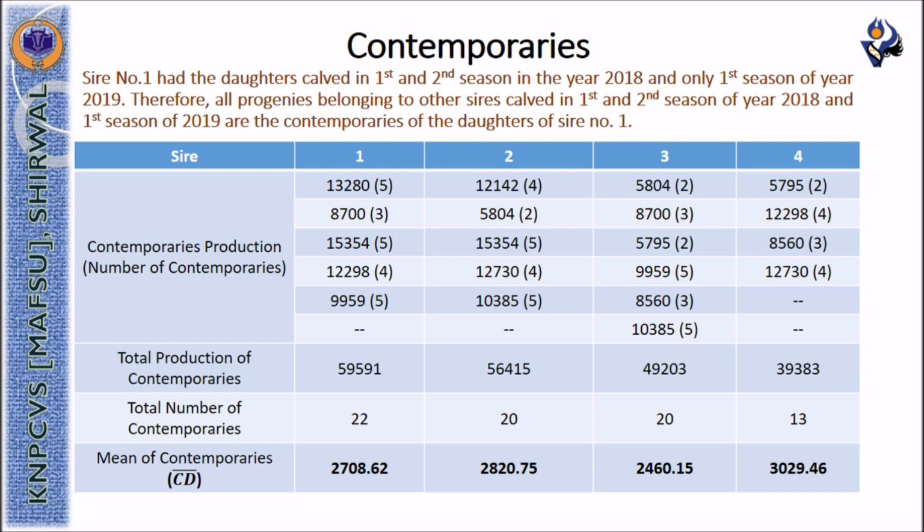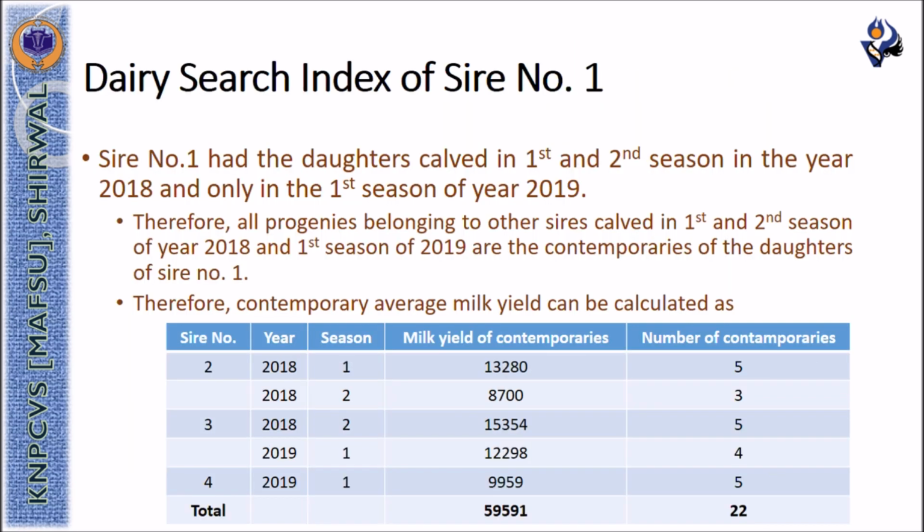Here in this table, the mean of contemporaries, that is CD bar, is calculated for various sires. Now, the dairy search index will be calculated independently for each sire.